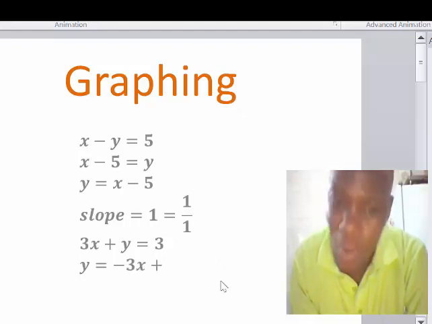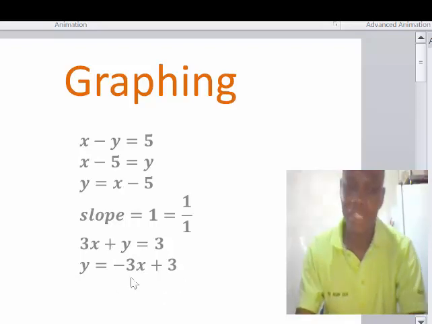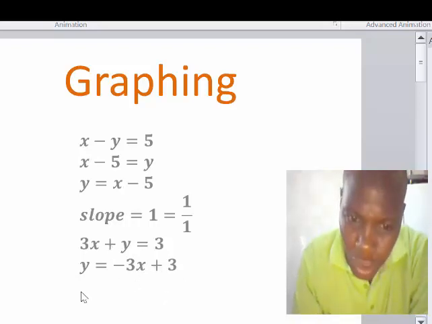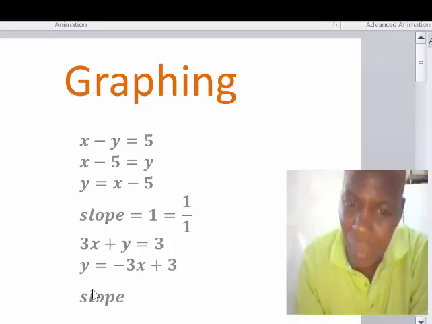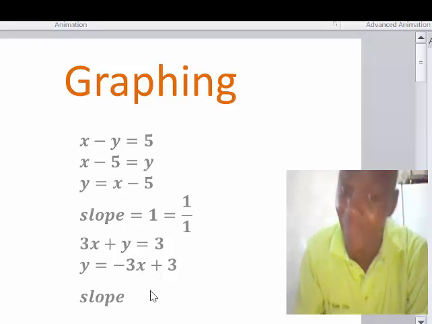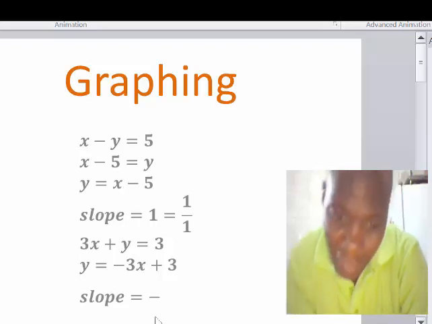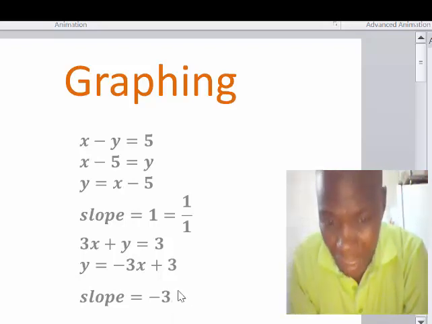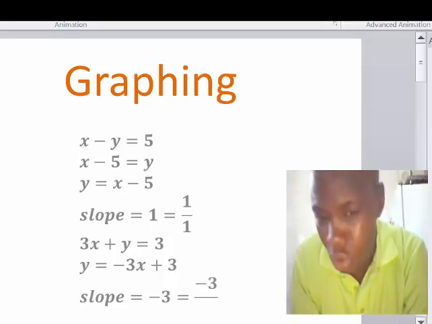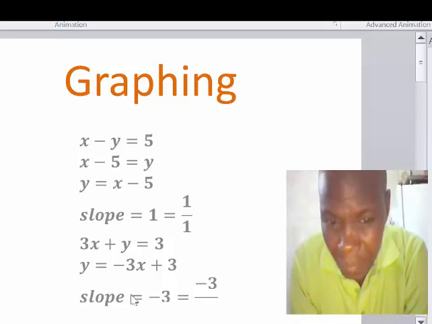Again, you have a slope of negative 3. If you have a slope of negative 3, you need to write the slope in the form of negative 3 over 1 so that you are able to graph it.